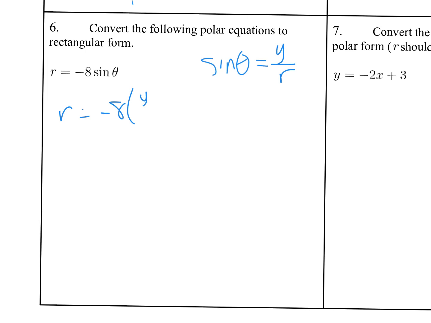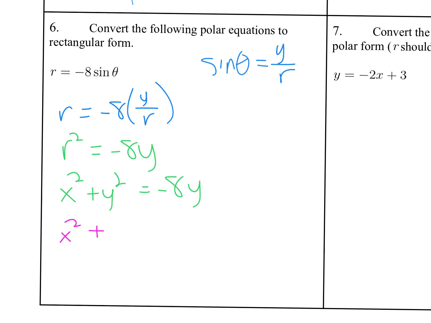So we could go here, which means we could multiply by r. R squared is x squared plus y squared. And so that's going to be x squared plus y squared plus 8y.